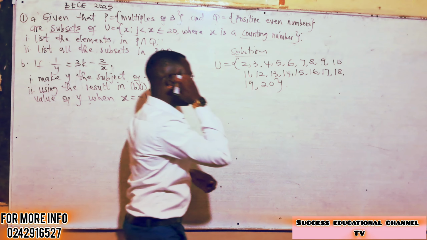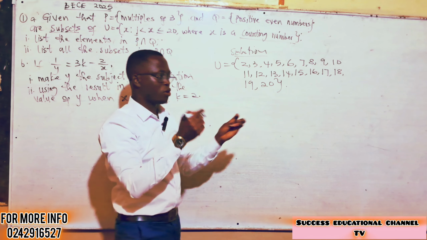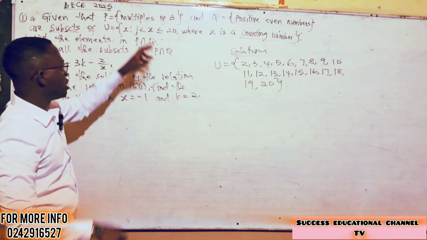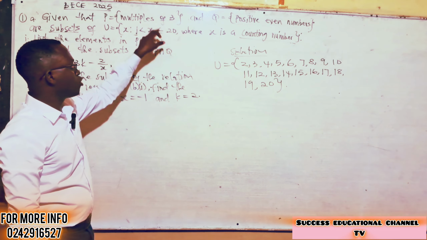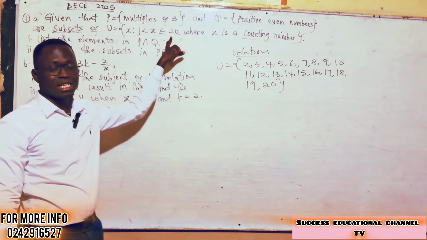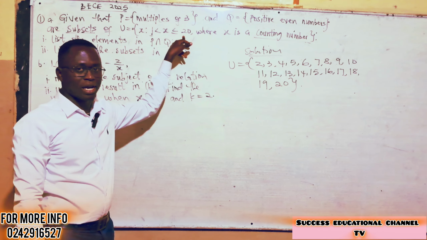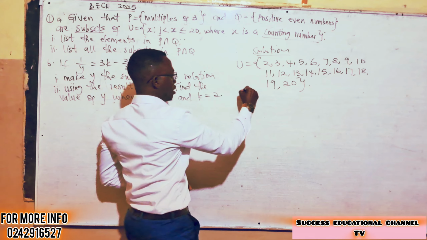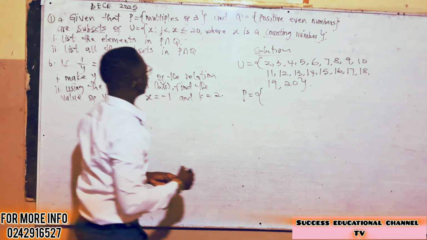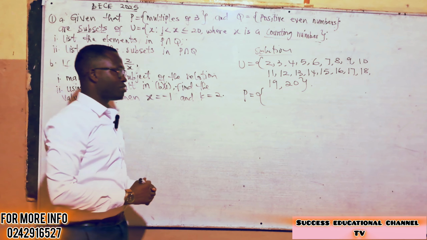Now we are starting with 2 and ending at 20 because of the inequality signs. This means 1 shouldn't be part. Less than or equal to means 20 should be our last counting number. Now let's move on. Set P represents multiples of 3. You can't just start writing.